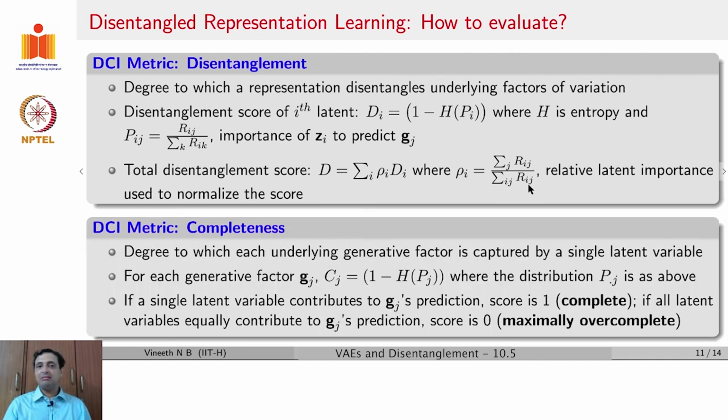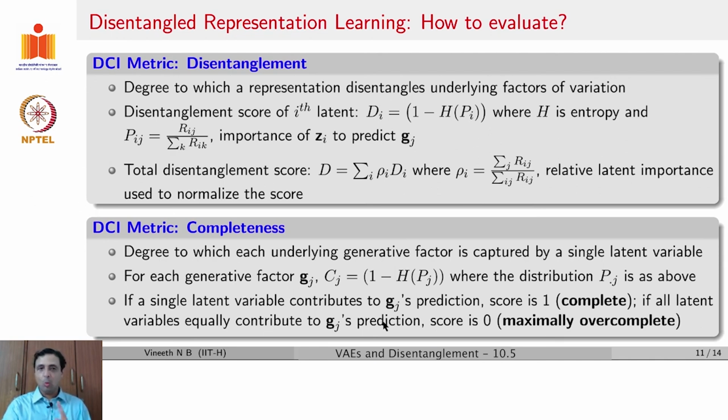The second metric is completeness, which is the degree to which each underlying generative factor is captured by a single latent variable. For each generative factor Gj, the completeness is defined as 1 minus H of Pj, where Pj is defined as above. If a single latent variable contributes to Gj's prediction, the score would be 1.